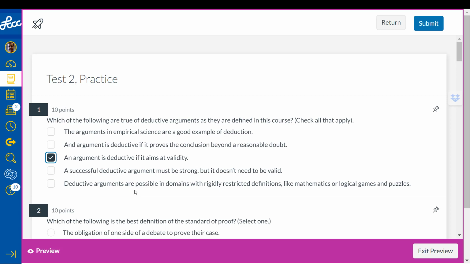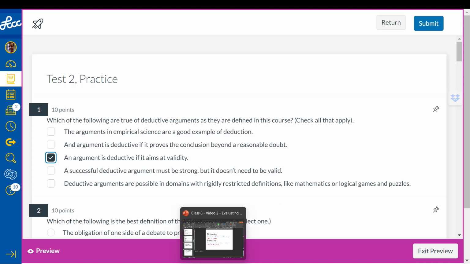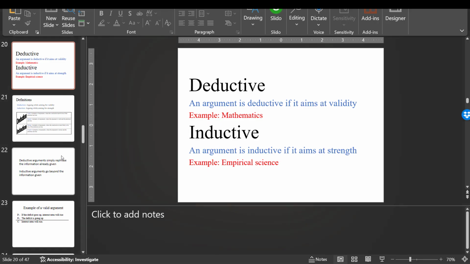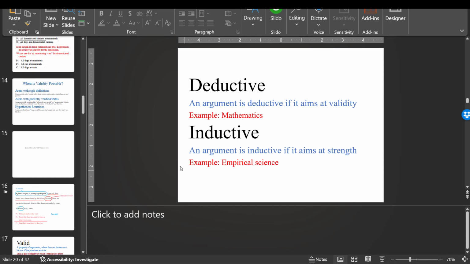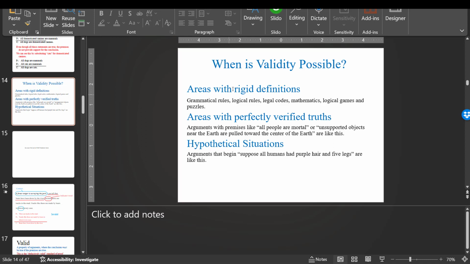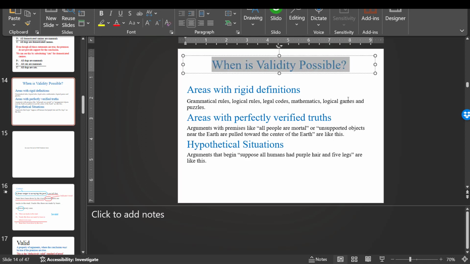Deductive arguments are possible in domains with rigidly restricted definitions like mathematics or logical games and puzzles. And we already saw that mathematics was an example of deductive reasoning. But if we go back earlier in that PowerPoint presentation, we can see here, when is validity possible?